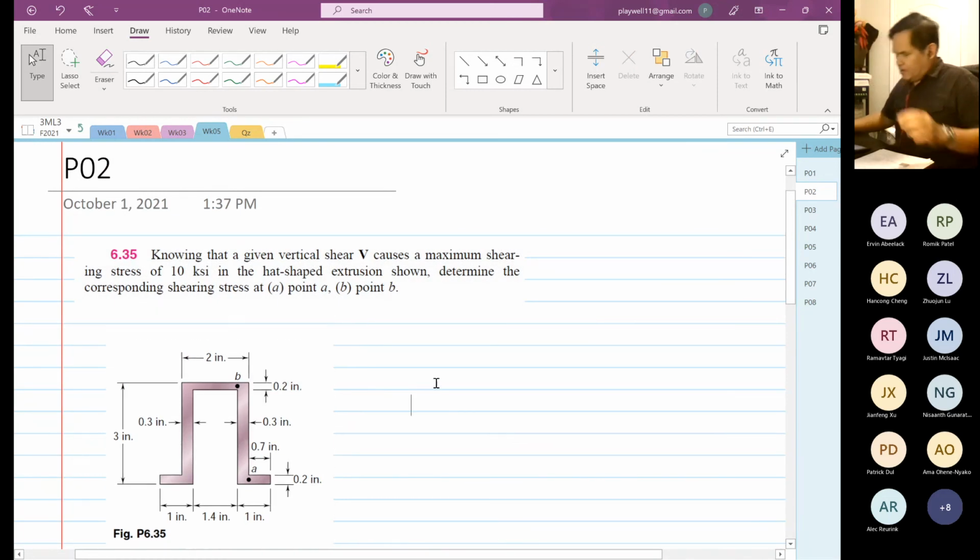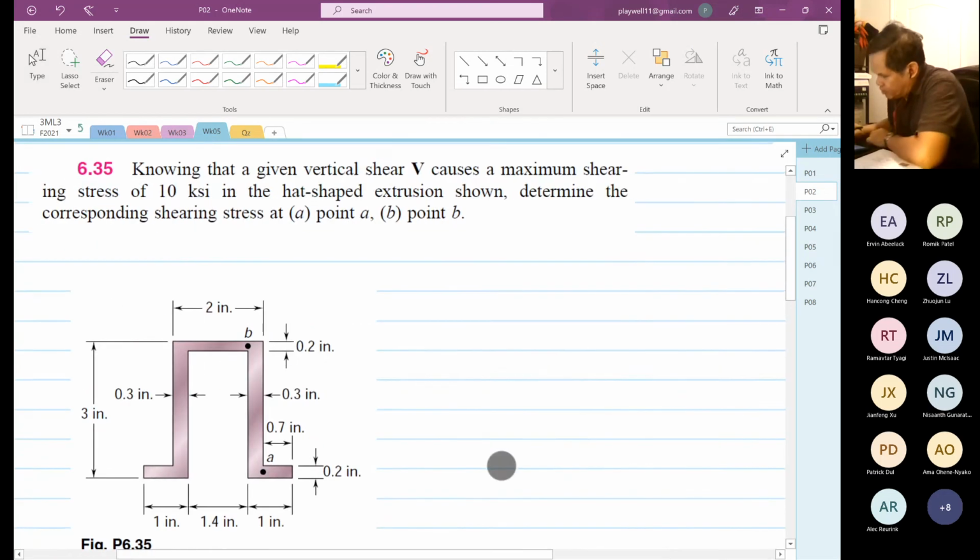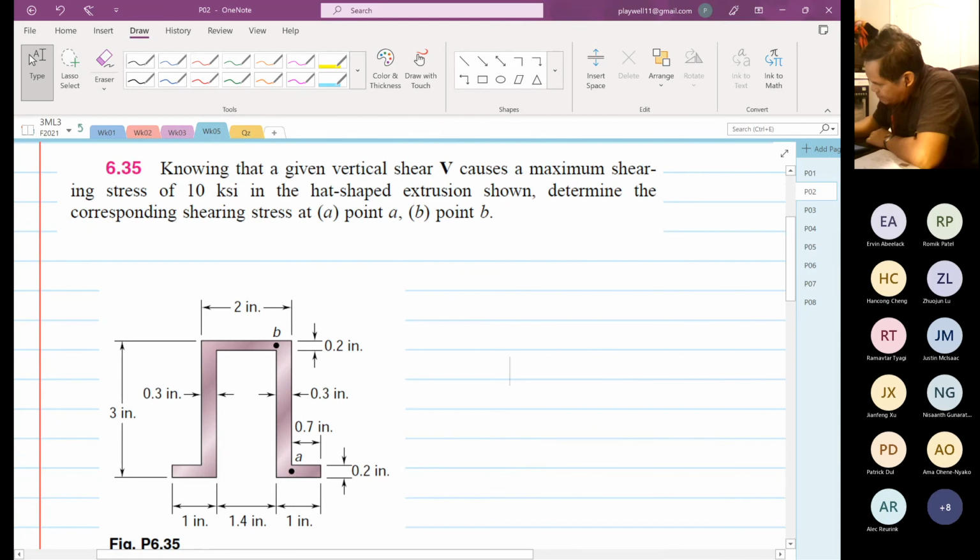Okay. So knowing that a given shear flow V causes a maximum shearing stress of 10 ksi, we know that tau max is equal to 10 times 10 to the power 3 psi.